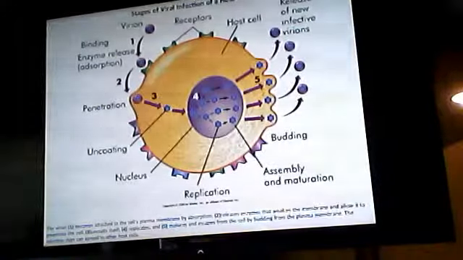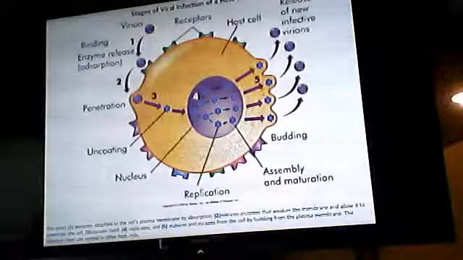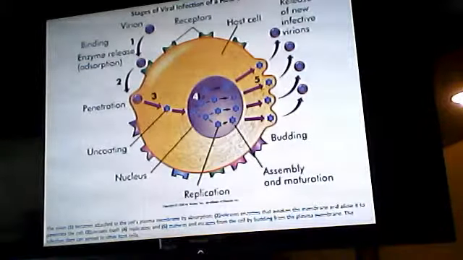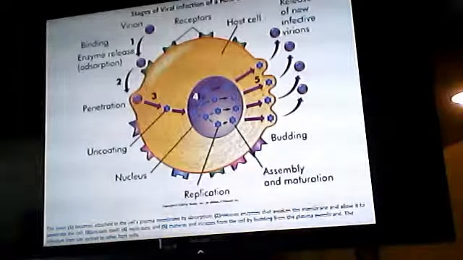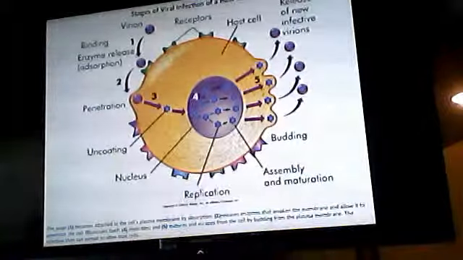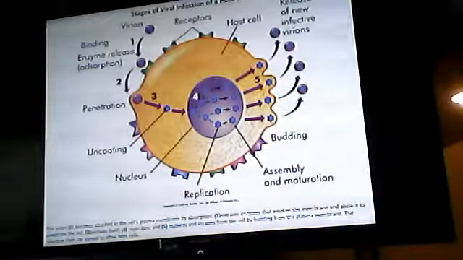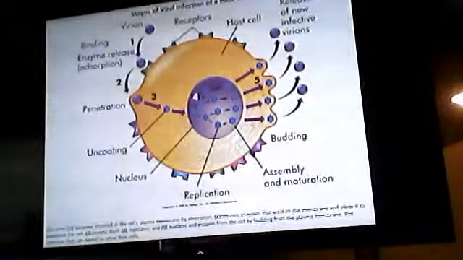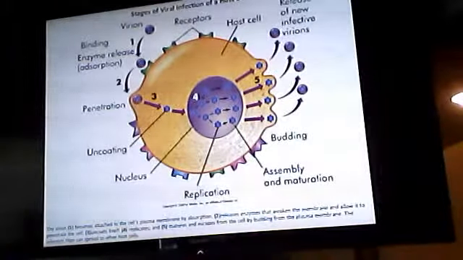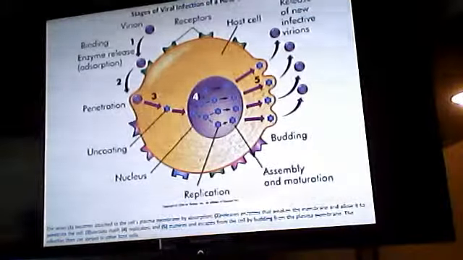Viral infections. Viruses themselves are not living organisms. They are simply packets of genetic material, and so they are intracellular. They have to live inside a living host cell to reproduce. They typically get absorbed into the cell somehow.